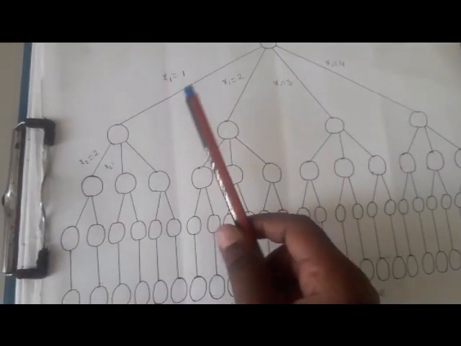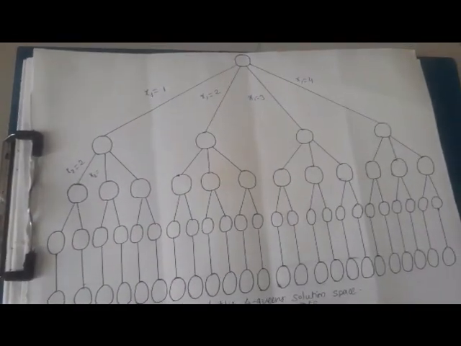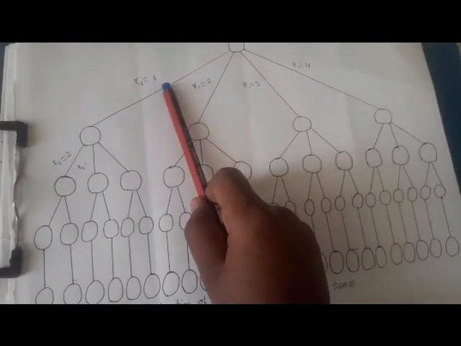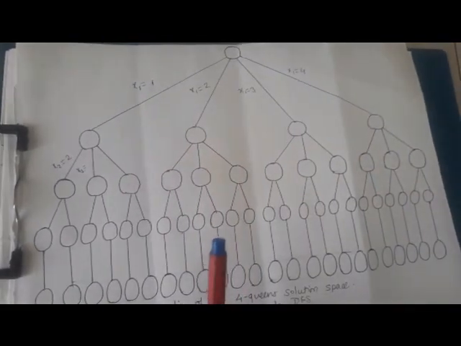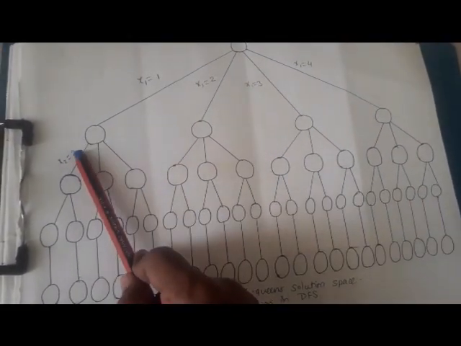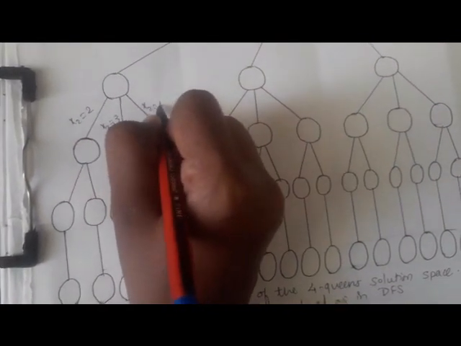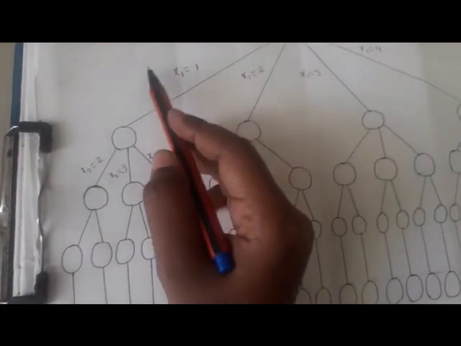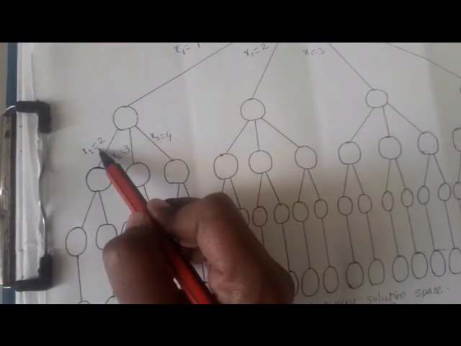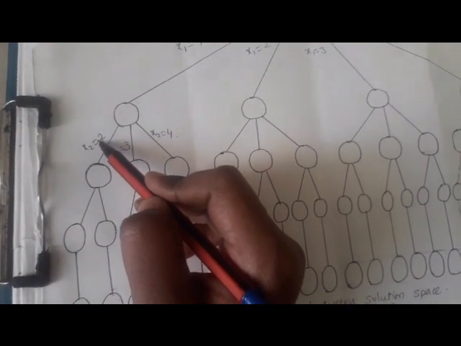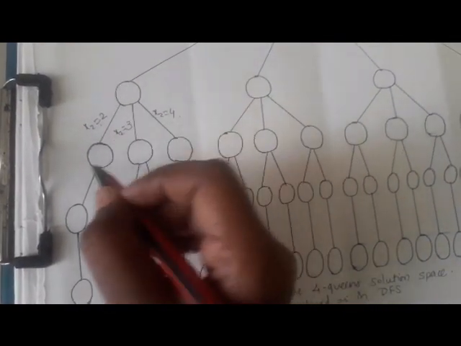Now here we have 4 queens and 1 queen is written, that is the first row is written here. So 3 rows are remaining. So this is x2 is equal to 3 and this is for x2 is equal to 4. When we have completed the first and second rows, only 2 rows are remaining, that is either 3 or 4.